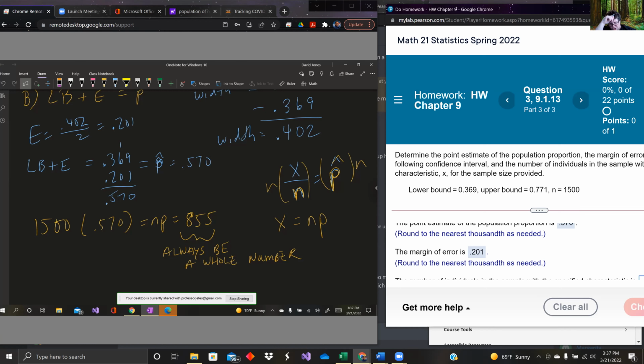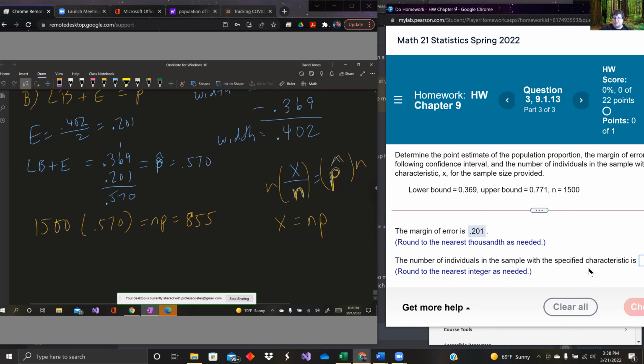Usually the proportion is rounded, to the nearest thousandths or whatever, so it might be off. In this case, it was. But what you enter should always be rounded to the whole number. In this case, it's just the 855, and we're going to go with it.